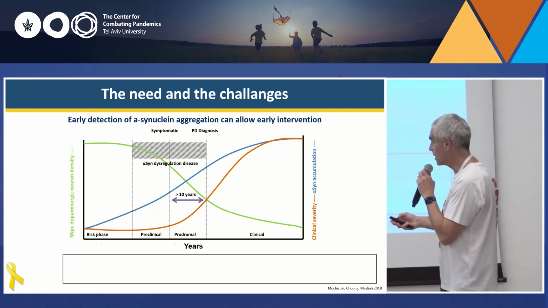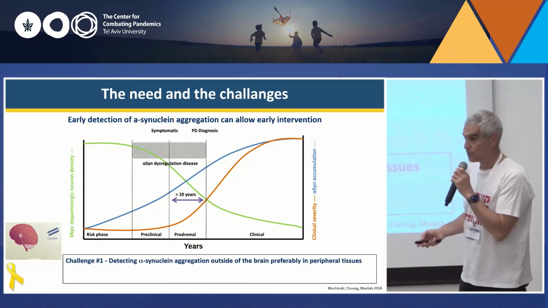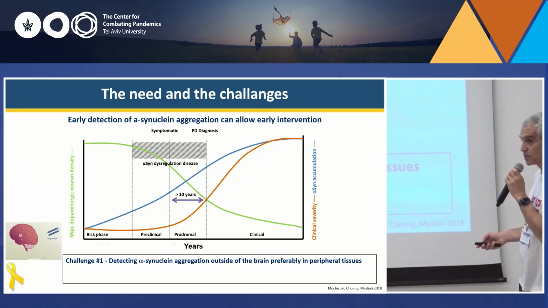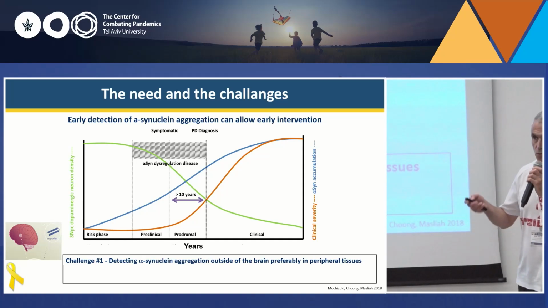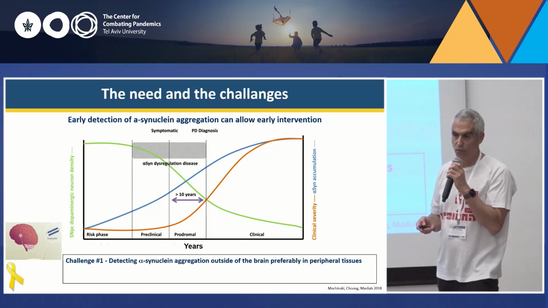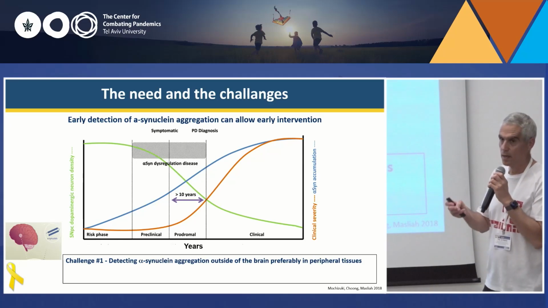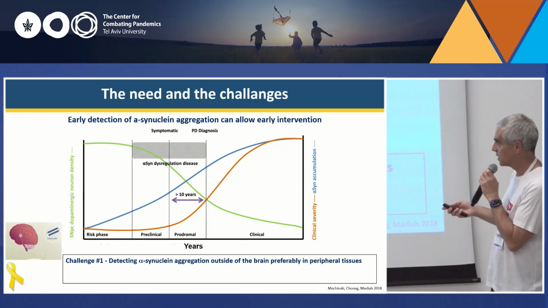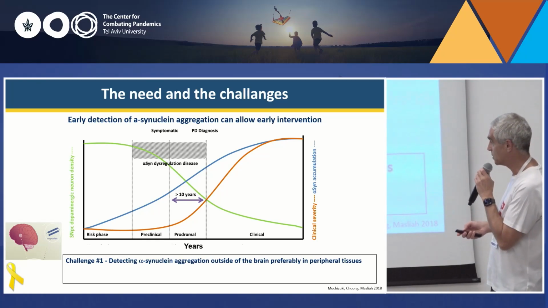But we have several challenges. First is to detect the aggregation of alpha-synuclein outside the brain. We don't want to do biopsies on everybody at the age of 30 or 40 to see whether they have aggregation, and the imaging techniques at the moment cannot detect early stages of alpha-synuclein aggregation.